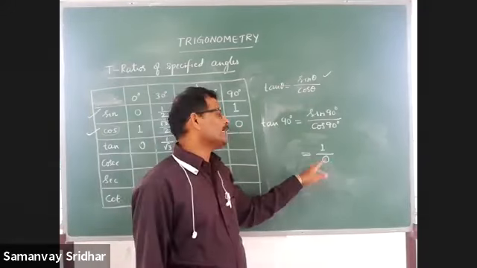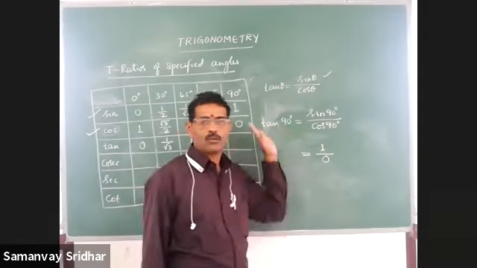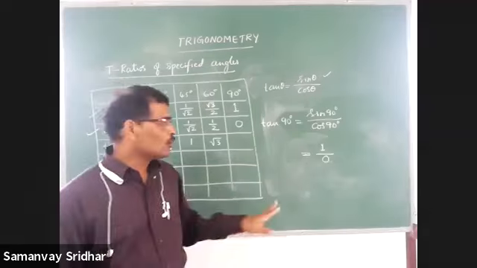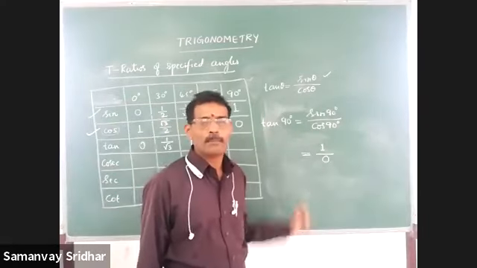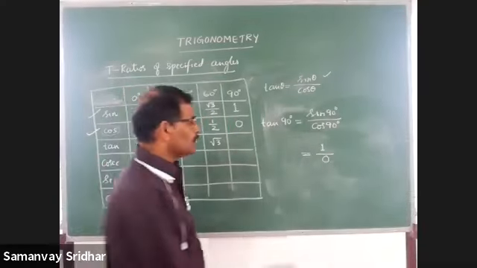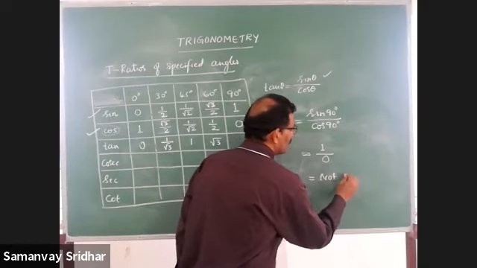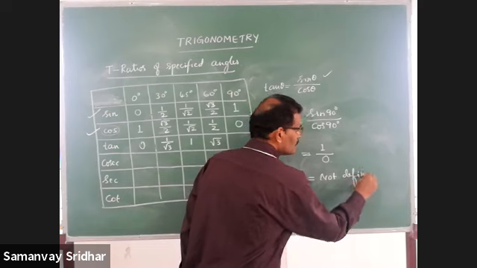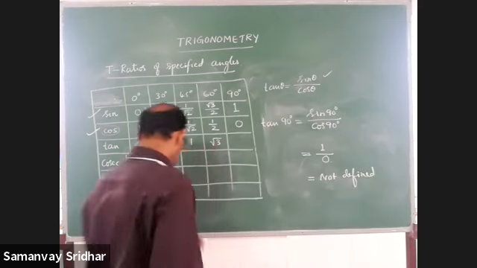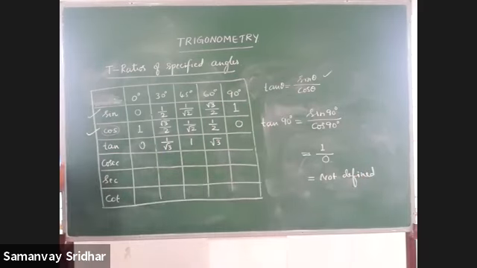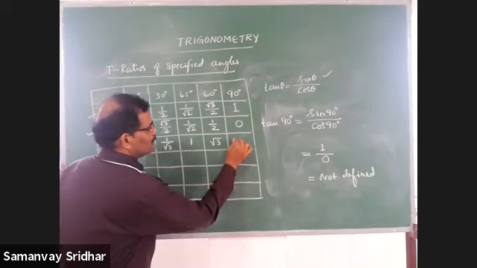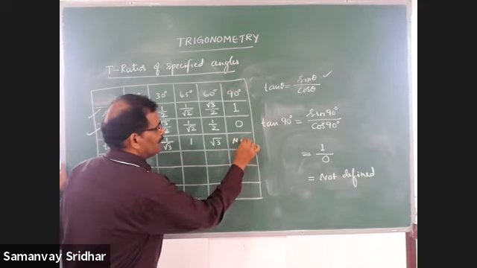We don't know how to divide 1 by 0. We don't know how to divide any number by 0. Therefore, we always say that it is not defined. So here we have to write ND.